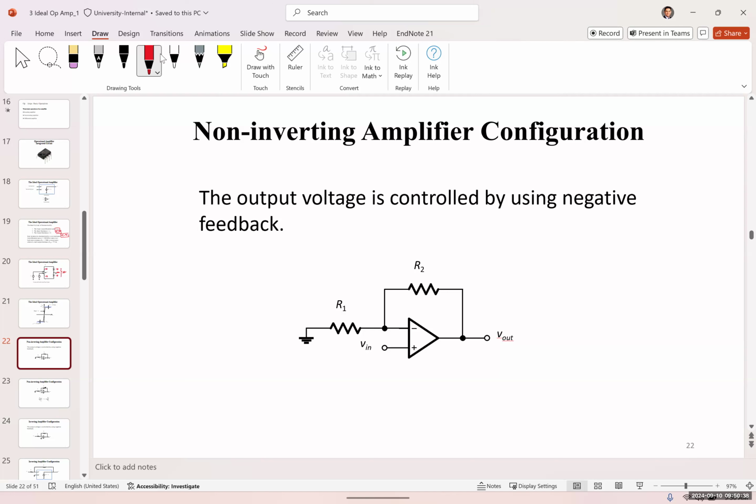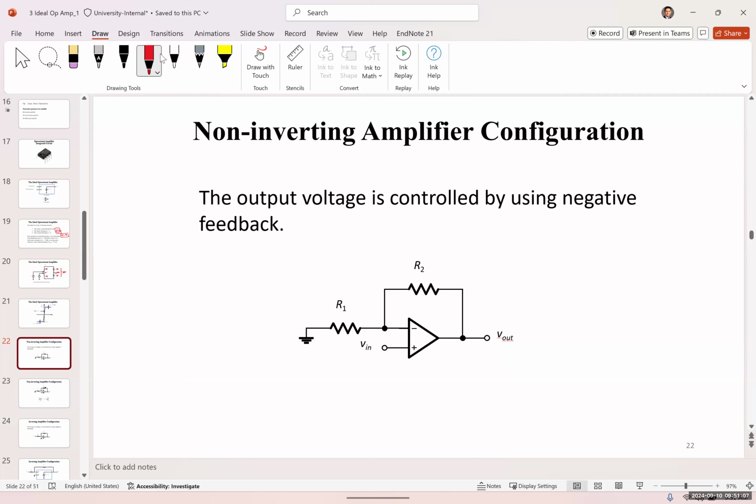Now let's start with some feedback. First thing is that in 90% of the cases, we use an op amp with a feedback. We rarely use an op amp without a feedback unless we're going to use it as a comparator. The reason is that because the op amp's gain is so high, it makes the system unstable.